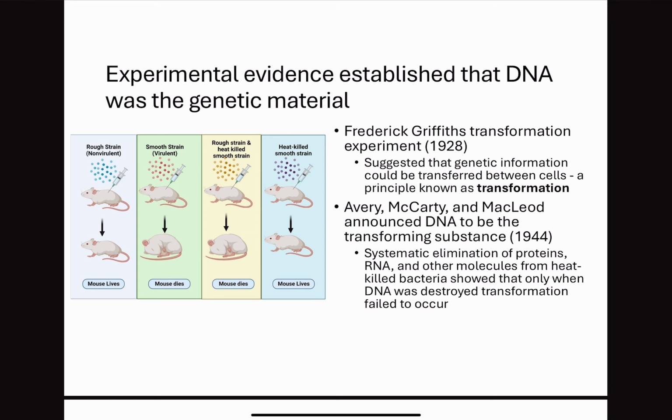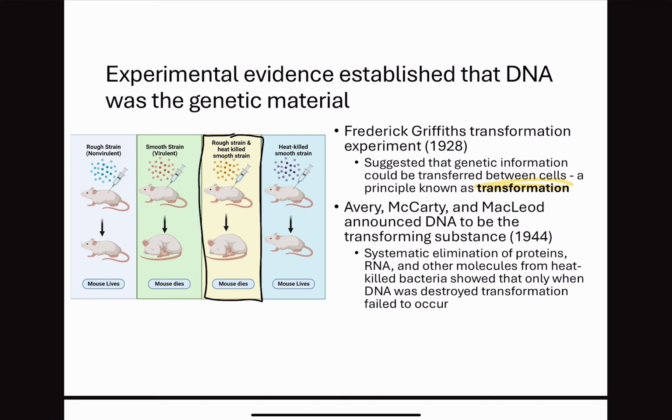What he did was he mixed a heat-killed pathogenic strain of bacteria with a live harmless strain and then injected it into the mouse. And what happened is that the mouse died. So this led him to his phenomenon of transformation.